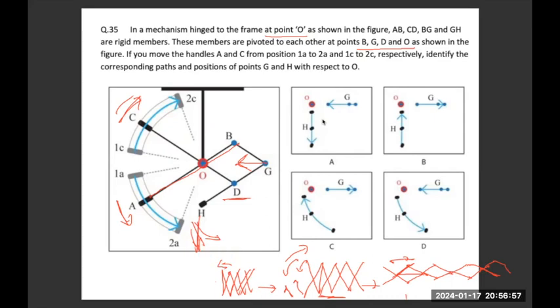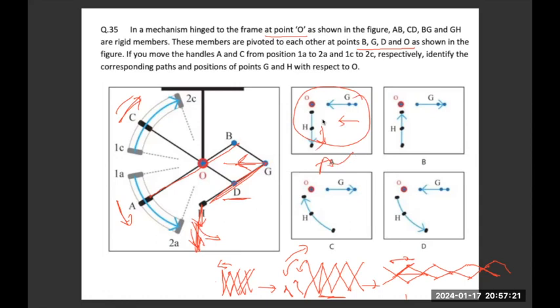So the point H will go here, because this is a rigid joint. When this goes inside, the H actually goes vertically along this edge. So the option where G is coming in and H is going down is this one, A, which is the correct one.